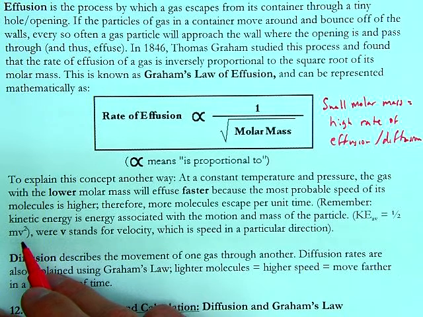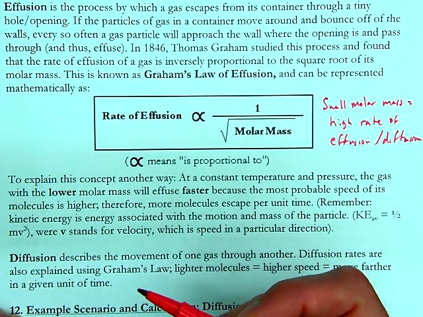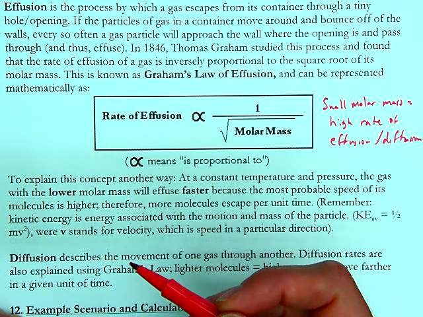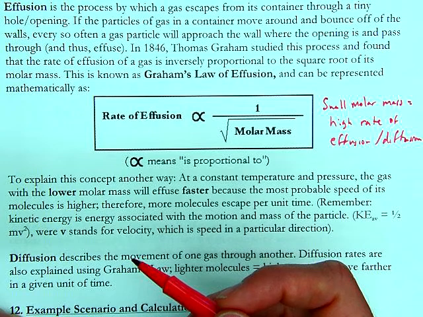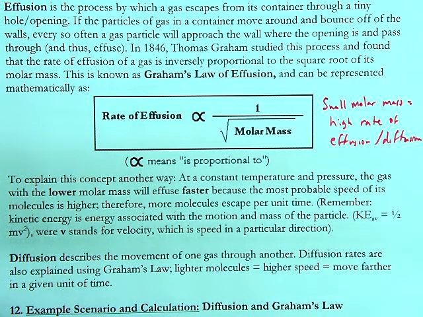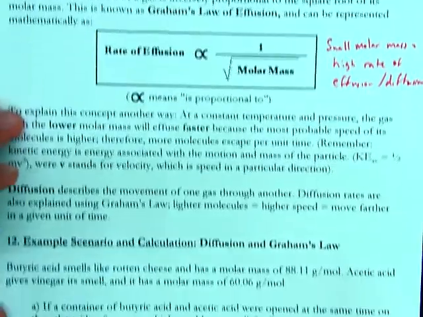A lighter molecule will be moving more quickly. So if it's diffusing, meaning moving through another gas, the lighter molecules are moving more quickly, so they'll diffuse faster, and that makes more sense. If they're heavier, they're moving more slowly, so they'll diffuse, meaning move through another gas or move through the room, let's say, more slowly. So let's do a couple of example problems.